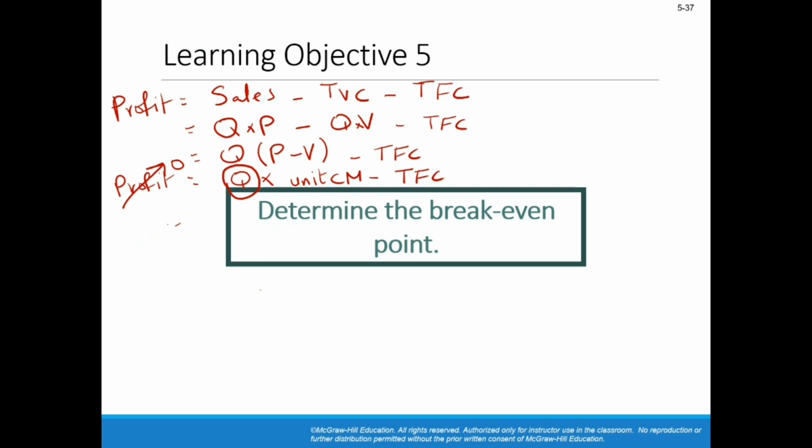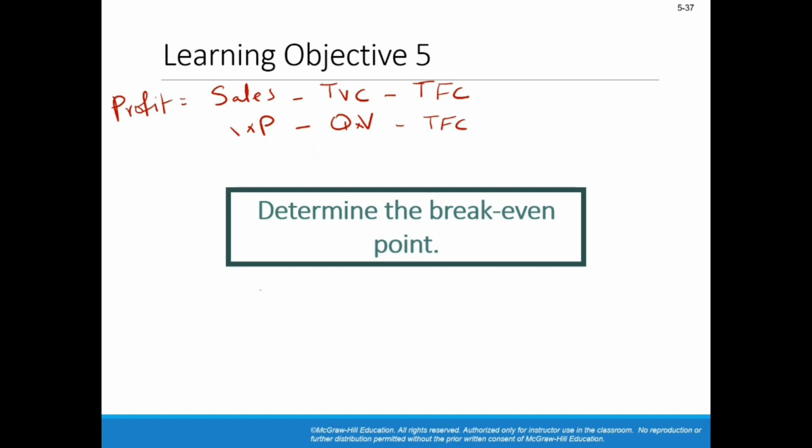What if I ask you, what is the required dollar sales in order to break even, or a profit of 0? So the starting point is the same. The starting point is sales minus total variable cost minus total fixed cost.